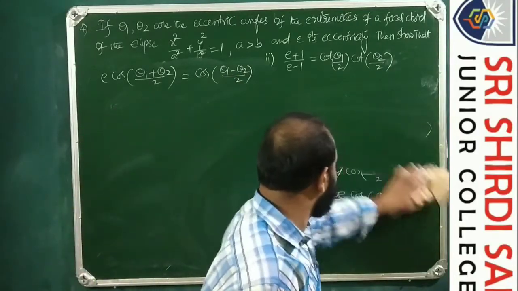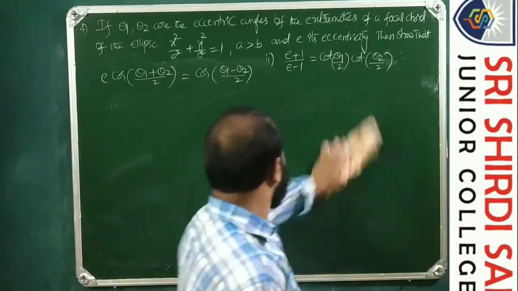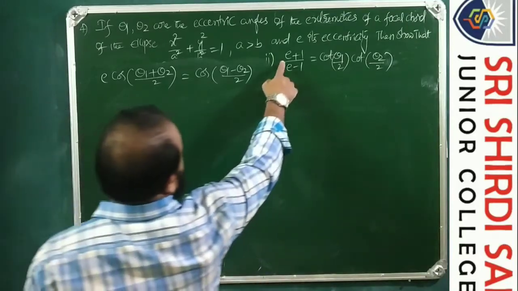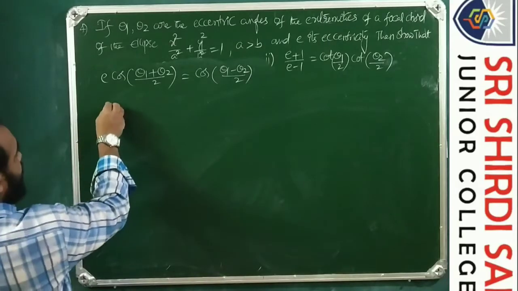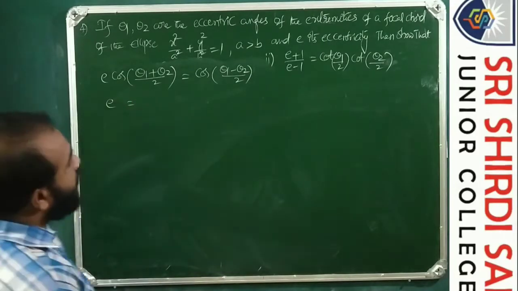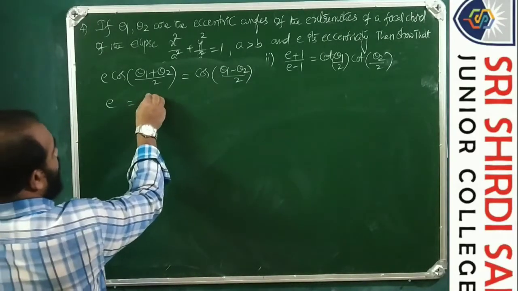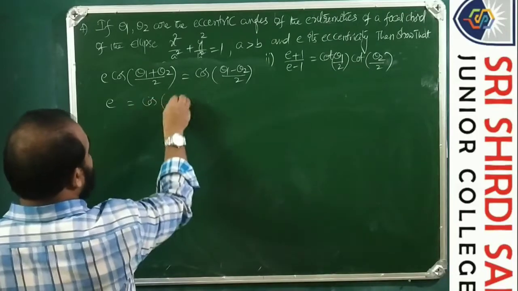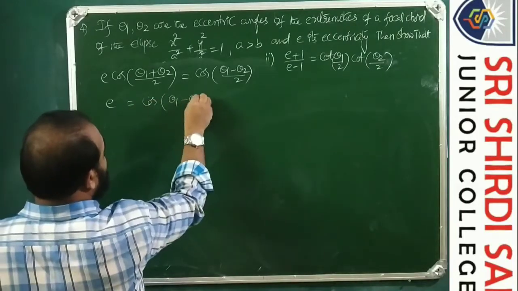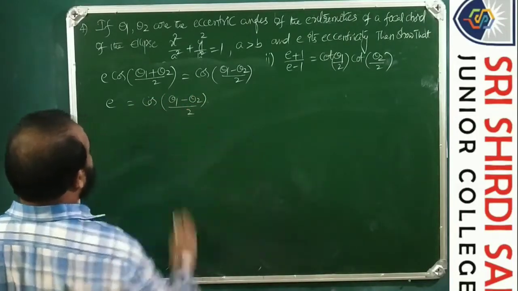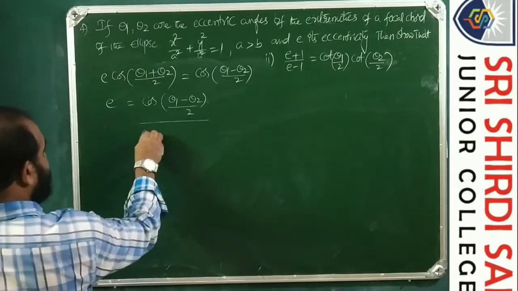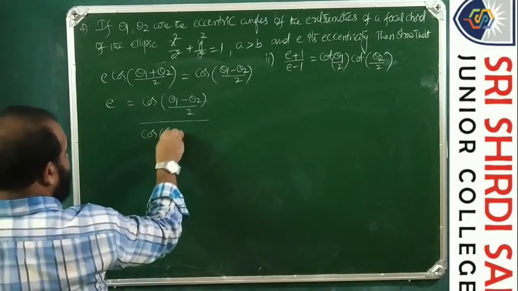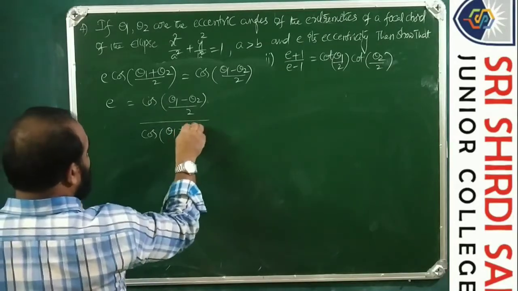Now here, (E plus 1) by (E minus 1) is what we need to get. So for this, E is equal to cos((theta 1 minus theta 2) by 2) by cos((theta 1 plus theta 2) by 2).